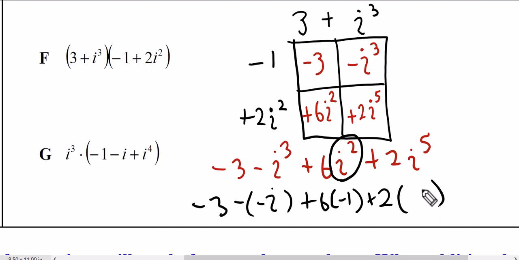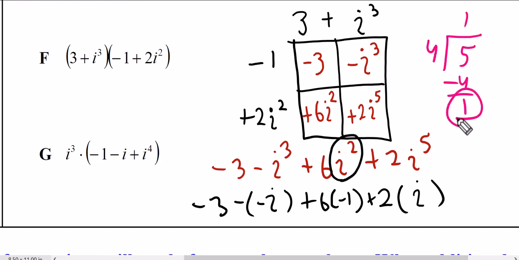What's i to the 5th power? It's i. So if you're wondering where I got all these things from, go back to those other notes where we did those, and if not, you can always divide by 4. You can take that 5, divide it by 4, the remainder of 1. You look back at your little table, remainder of 1 is equal to i.